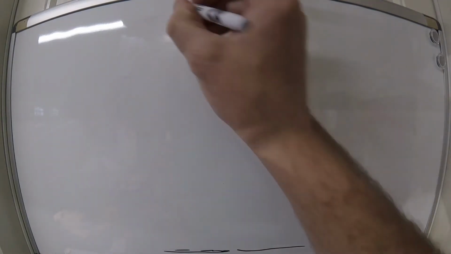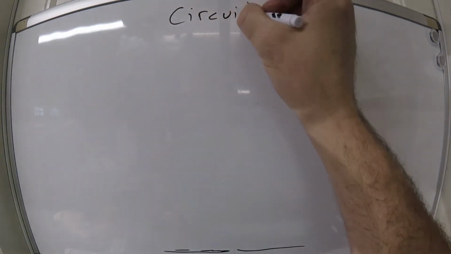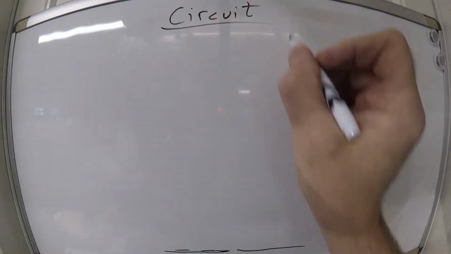And one of the next things we need to define is a circuit. Okay? As we talk about electricity, we are almost always going to talk about circuits.